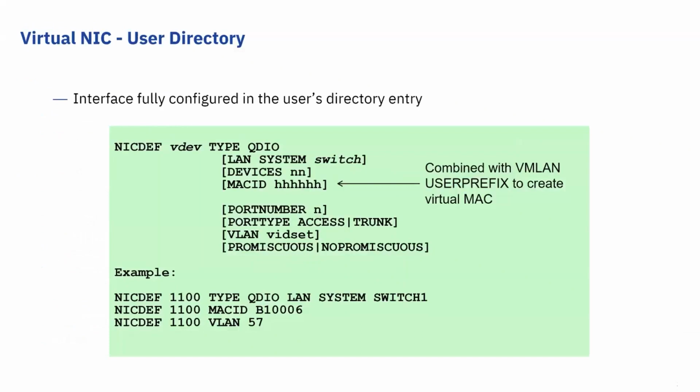So I can specify what vSwitch it's going to connect to, what the MAC ID is. Okay, I can put that here, persistent assignments. For one of my clients, I created an exit in Dirmaint so that as they deploy NIC defs, it automatically assigns a MAC ID because they wanted persistent MAC IDs.